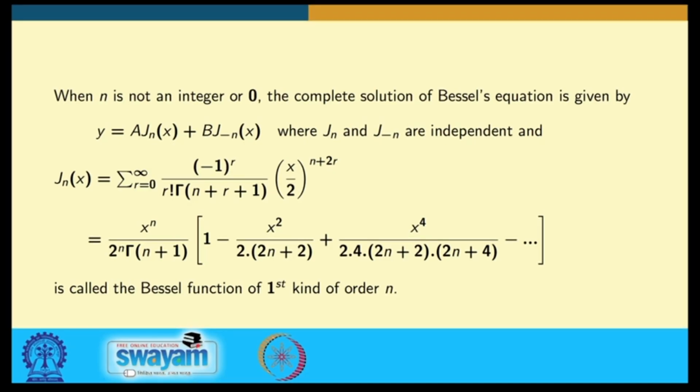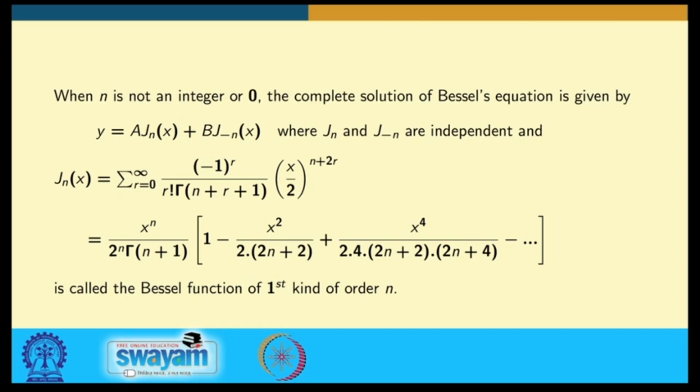Now, when n is not an integer or 0, the complete solution we write like this: a J_n(x) plus b J_minus_n(x), where J_n and J_minus_n are totally independent.